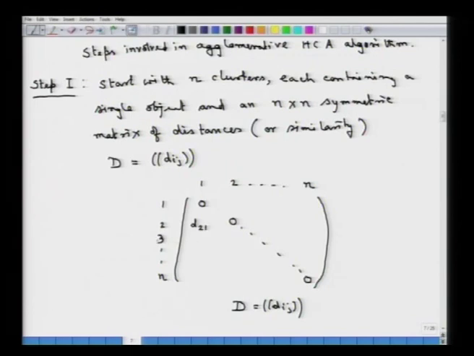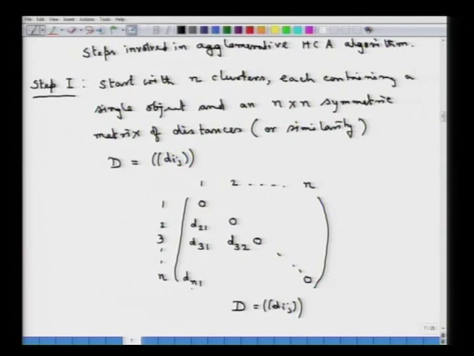For the third object, this is the distance between the third object and the first object, the distance between the third object and the second object, and of course, the distance between the third object and itself would be 0, because it is the mutual distance of that object from itself, and like that you will have all the entries.